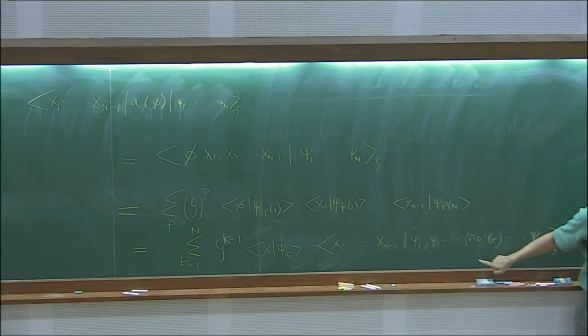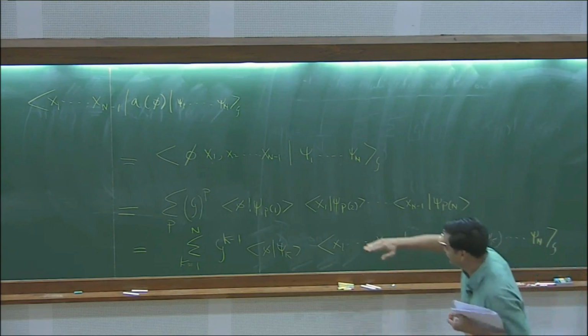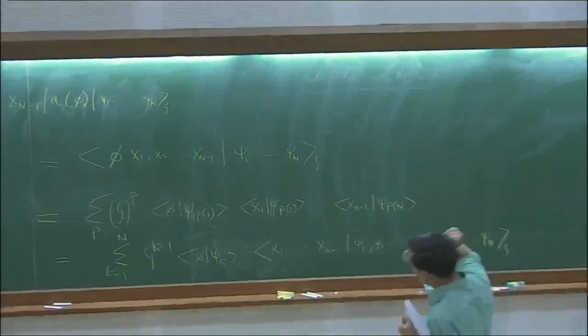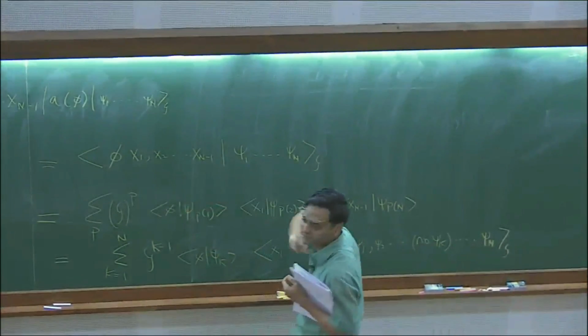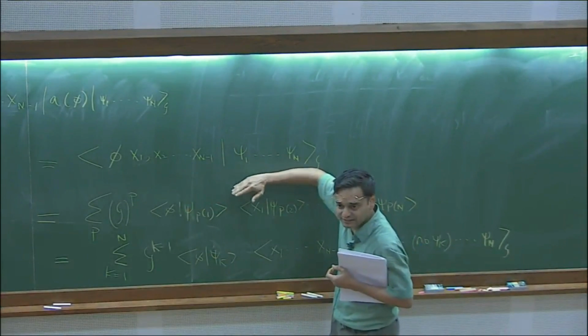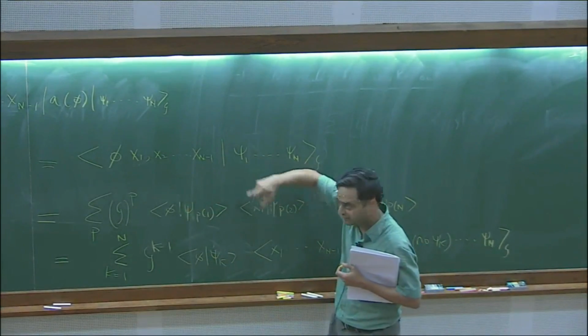Is this step clear? Is it not clear? Okay, there's a law of the excluded middle. Yeah? It's clear or it's not clear. Which one? This step. Okay, this step is the easy step. This step I've just blindly used the formula that allows me to take these overlaps. Right? I write each one of these as a sum over permutations, the way I defined it.